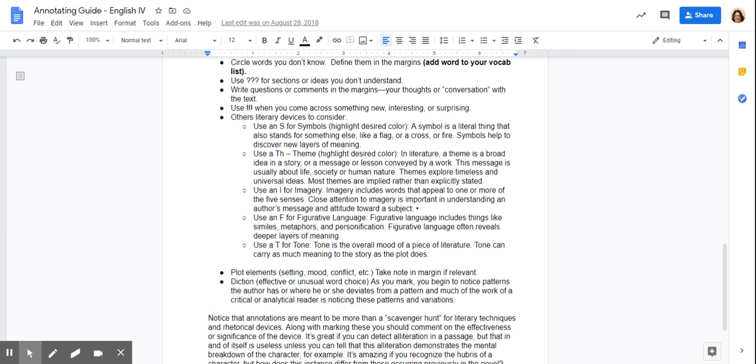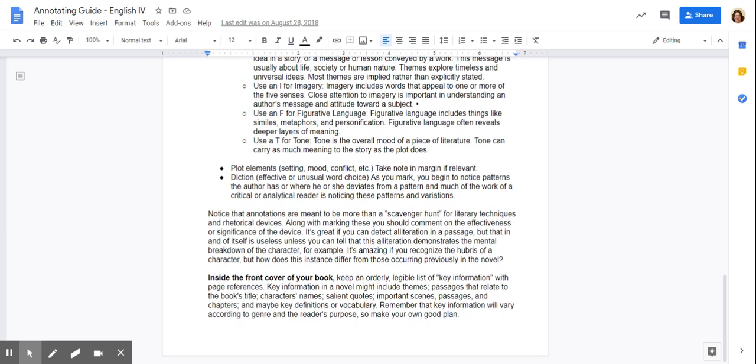So when you mark tone, you may have to make a note about what the tone is or how the tone is changing or shifting, okay? So you can mark a T, but then you may have to give more information. So all of these things are important to identify as you come across them, but you're not going to come across them on every single page or maybe even in every single chapter. So just be aware of that.